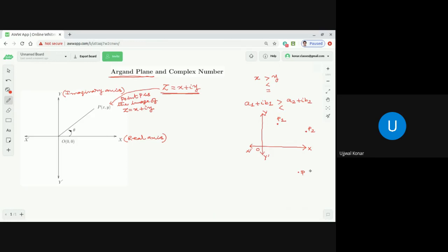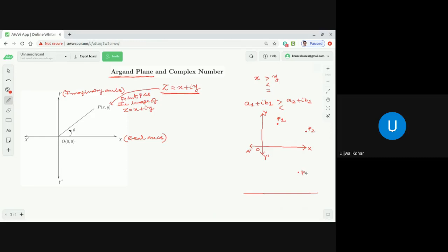We can say that we have a point P with coordinates alpha comma beta. Now I can tell that point P is at a distance beta from a straight line, a kind of horizontal line.